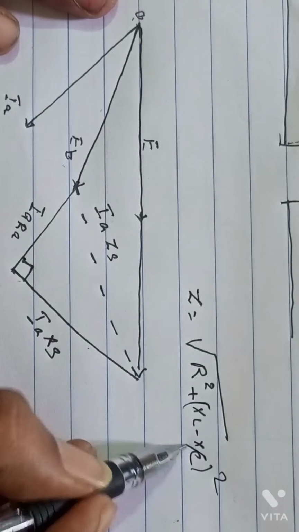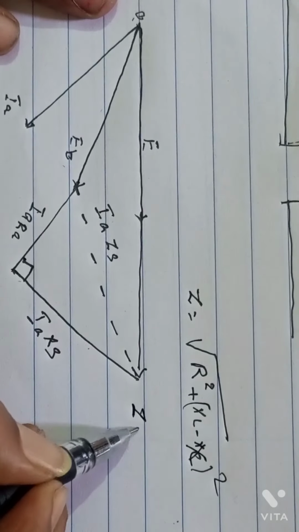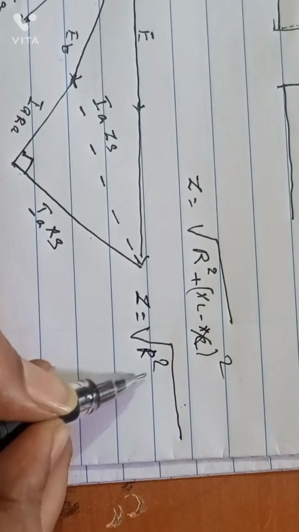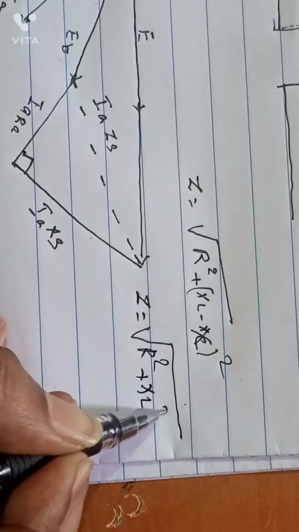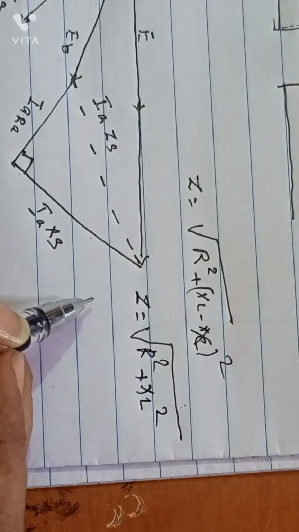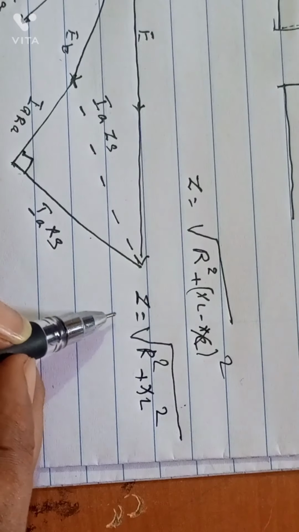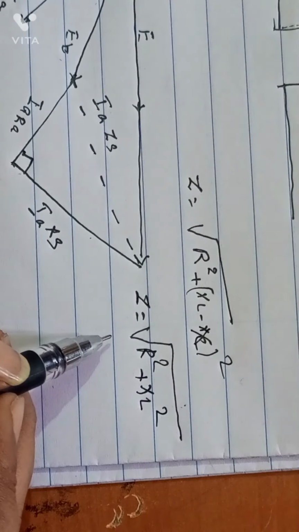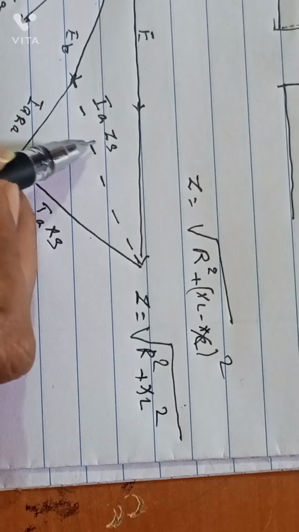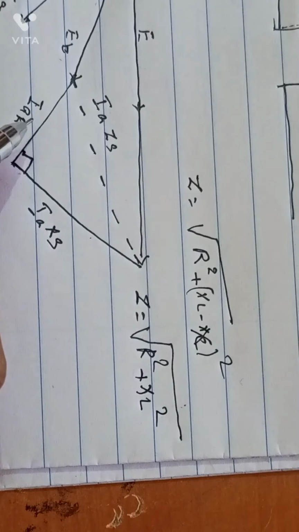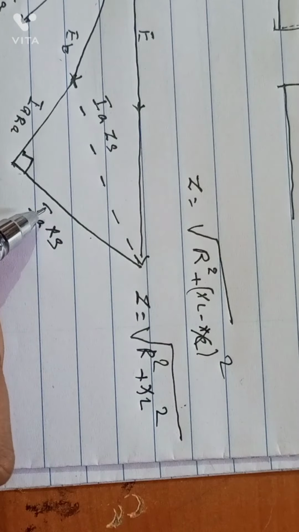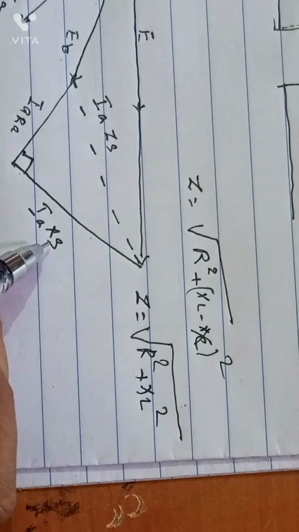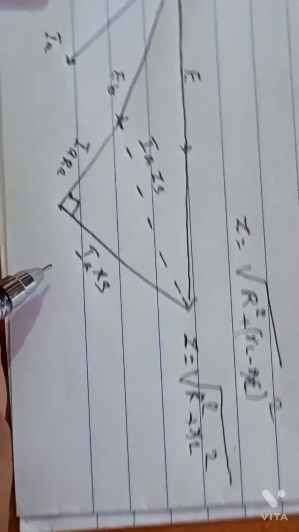Okay, here there is no XC. So only Z is equal to root of R square plus XL square. So here ZS. XS is for the synchronous motor, no? That's why we are telling this XS is the synchronous reactance. Have you clear?